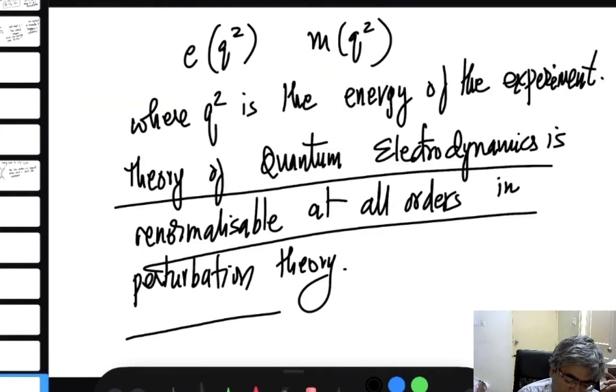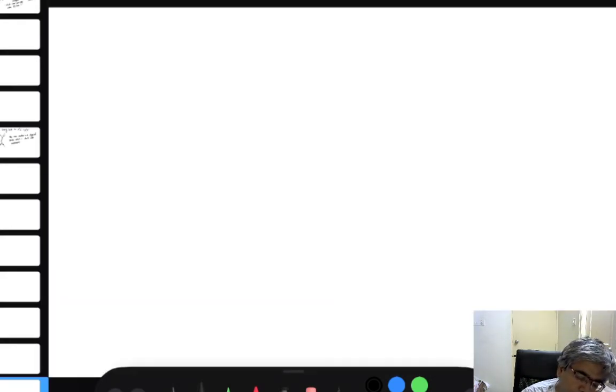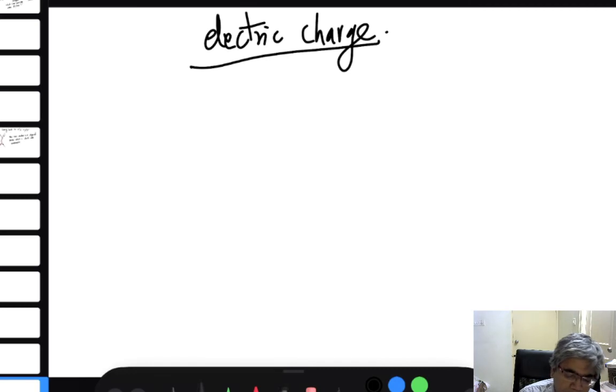Let's just look at the example of electric charge. What this process of renormalizability tells you is this: let's say there is a bare electric charge.